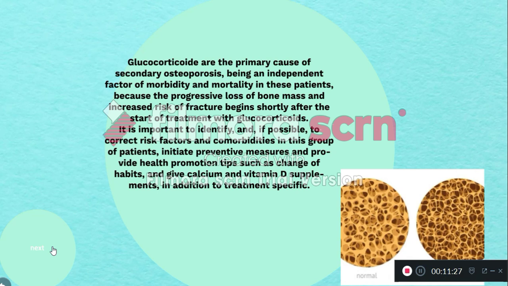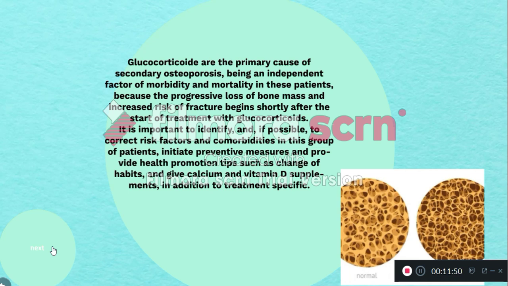Glucocorticoids are the primary cause of secondary osteoporosis, being an independent factor of morbidity and mortality. In this patient, the progressive loss of bone mass and increased risk of fracture begin shortly after the start of treatment with glucocorticoids.